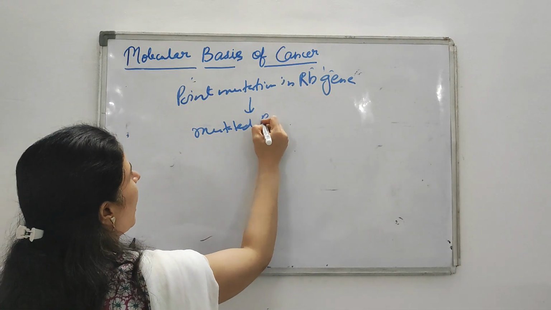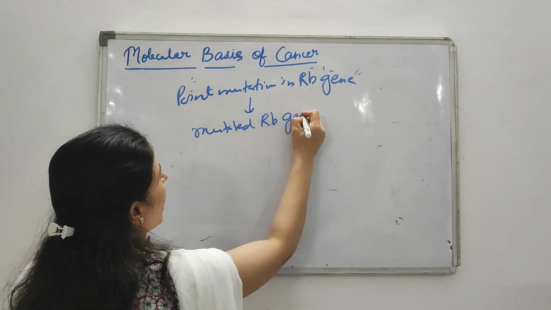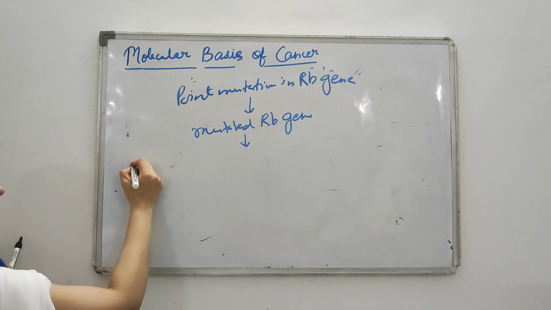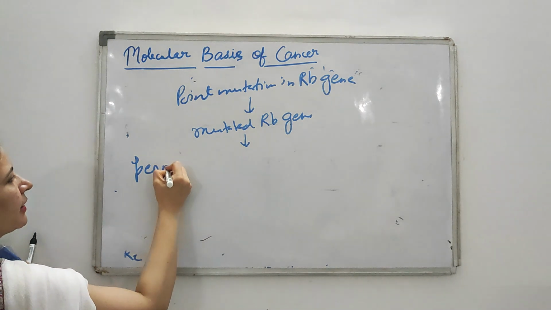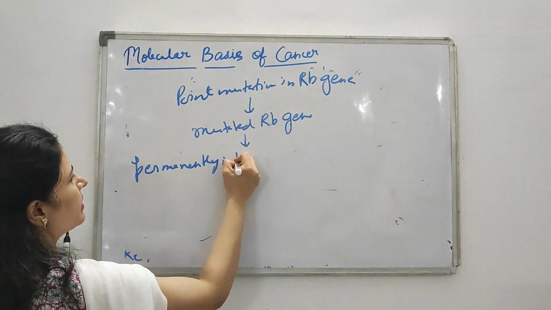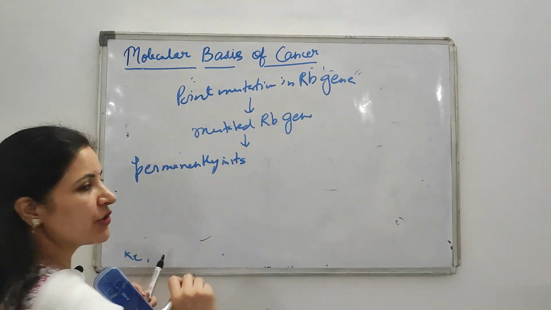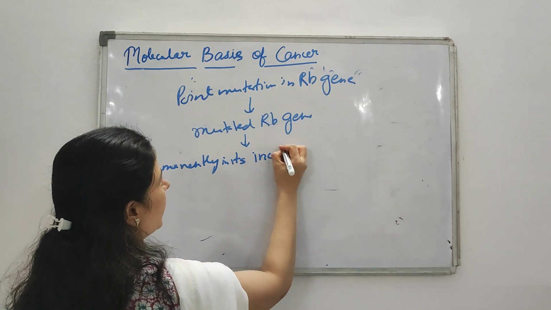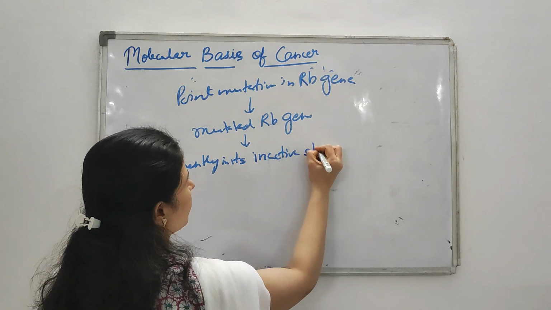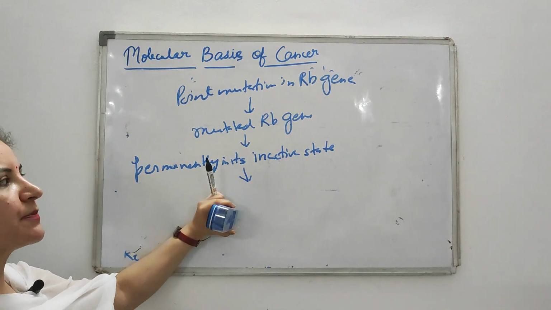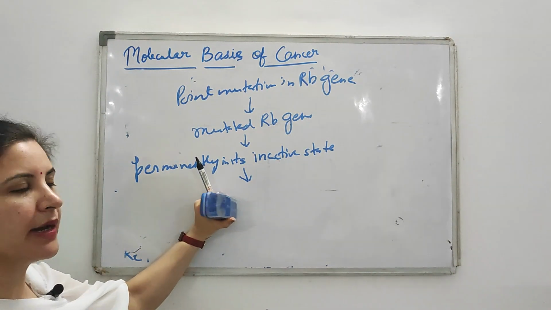And what happens with this mutated form of RB? It is permanently in its inactive state.